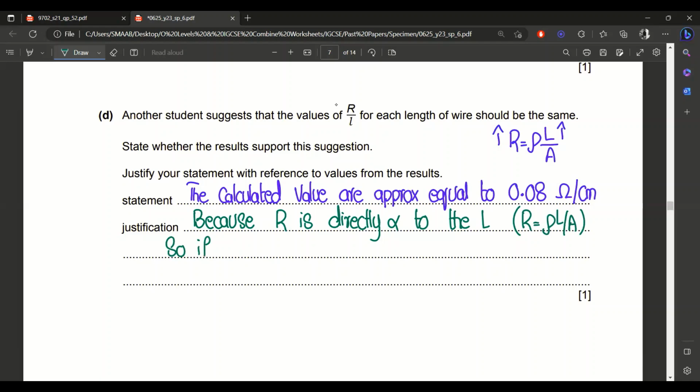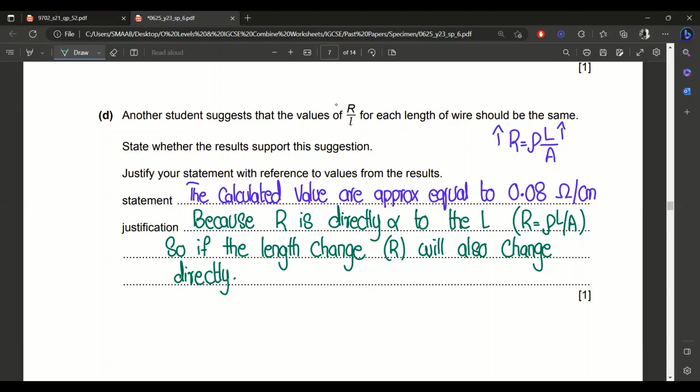So if the value of length changes, resistance will also change directly, right?